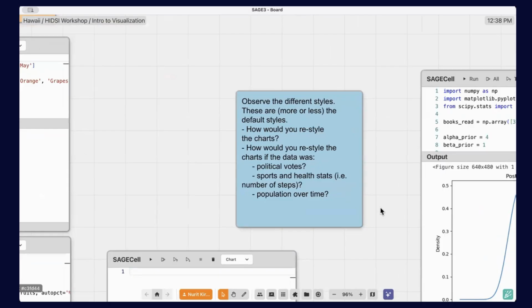These blue bars for the bar chart, for example, and so forth. If you had to restyle for different types of data, how would that affect your choices about the style? So, for example, if the data was about political votes, how would you choose to style your actual visualization?